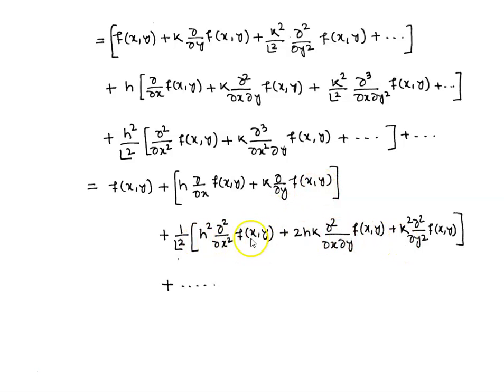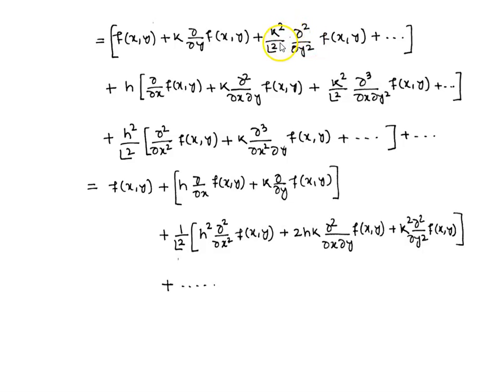For the second line we have taken the first term of the third line, h square divided by factorial 2 del square divided by del x square f(x,y), and second term of the second line, k del square divided by del x del y f(x,y), and the third term of the first line, k square divided by factorial 2 del square divided by del y square f(x,y).